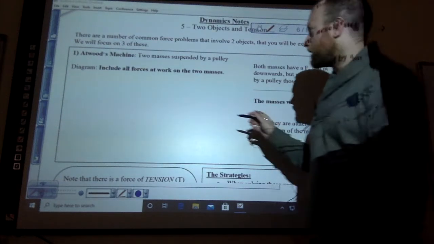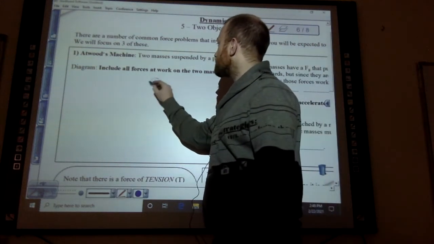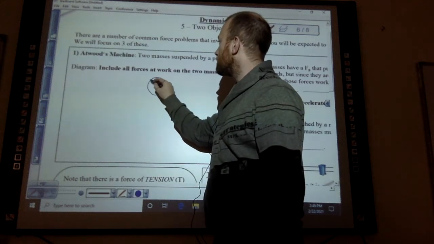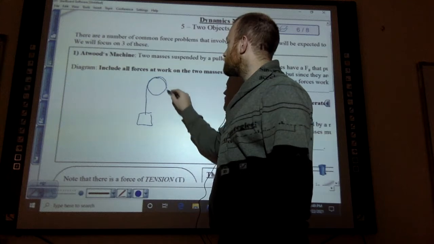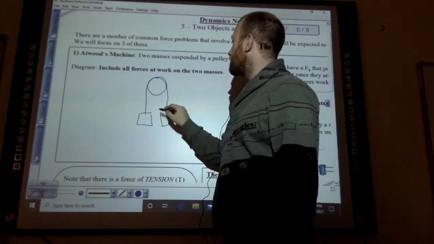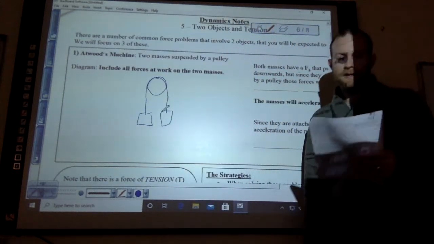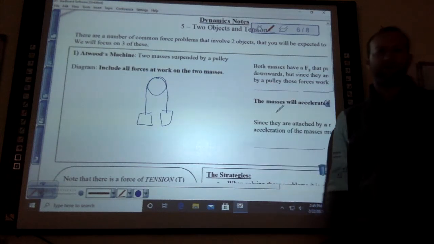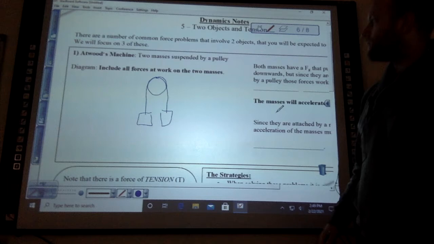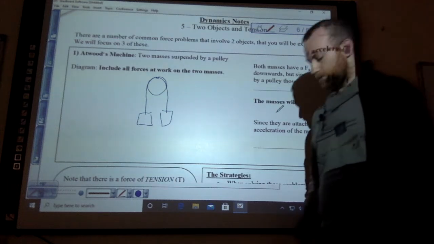So what this would look like is I've got a pulley in the middle here, and I've got one mass hanging off of one end, another mass hanging off another end like this, and we need to deal with what's happening in this case. So for this, let's first draw the forces.